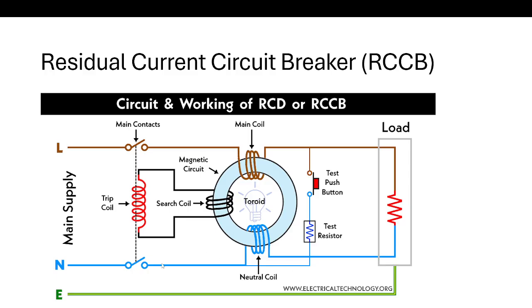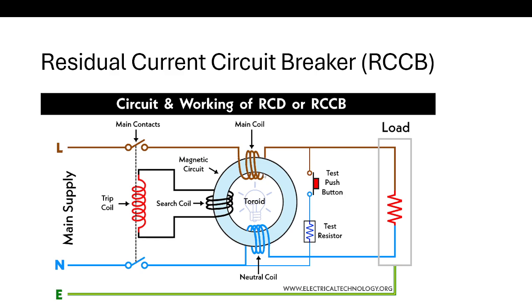The magnetic fields produced by these cancel each other, so no flux is induced and no trip occurs. Now, under leakage condition, imbalance occurs if current leaks to earth through a human body or faulty insulation.